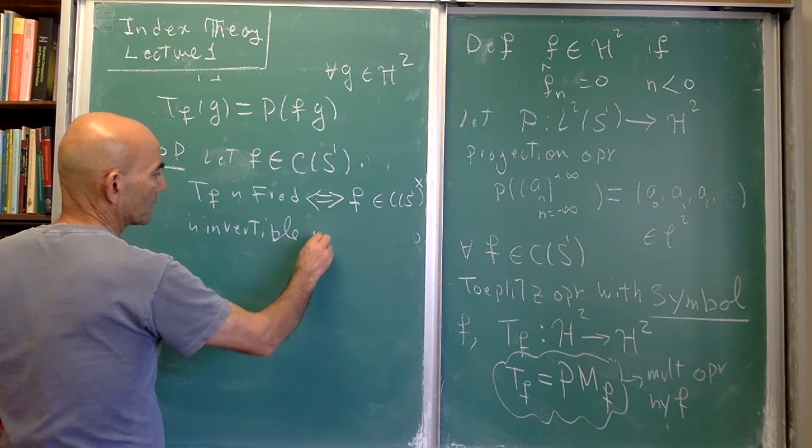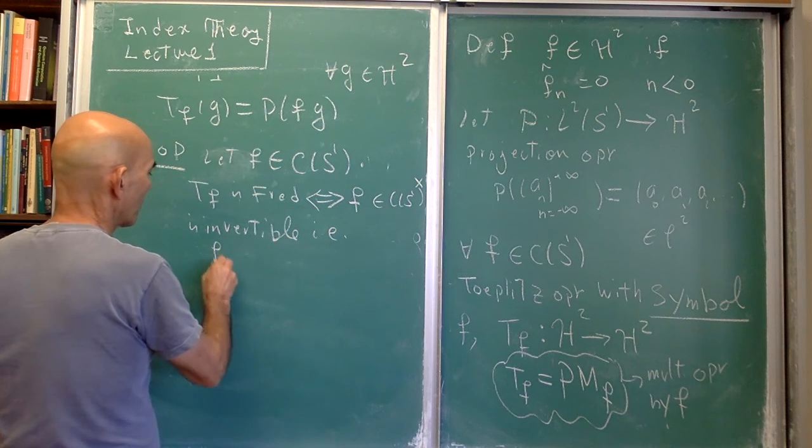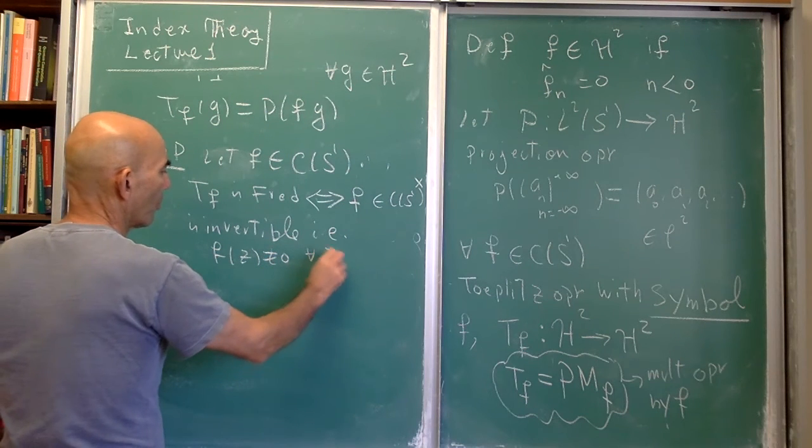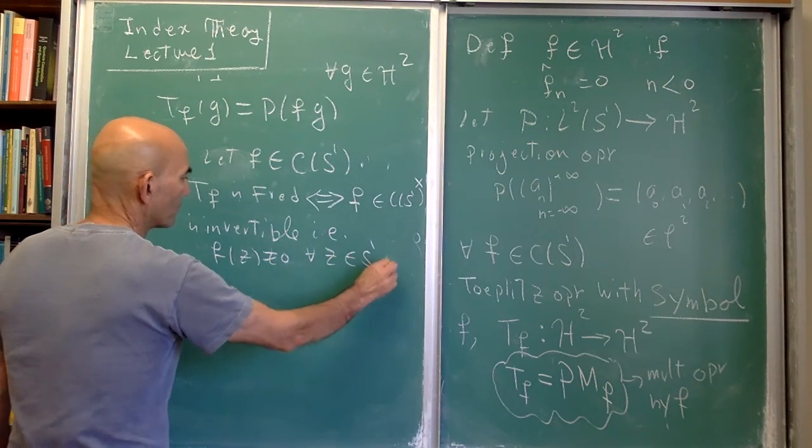Being invertible means, of course, that F of z is different from 0 for all z belonging to S1.